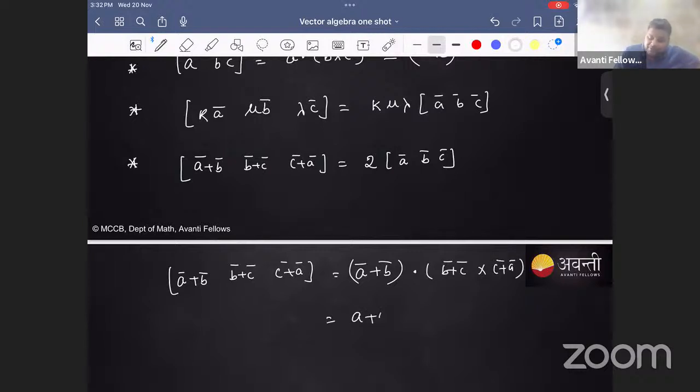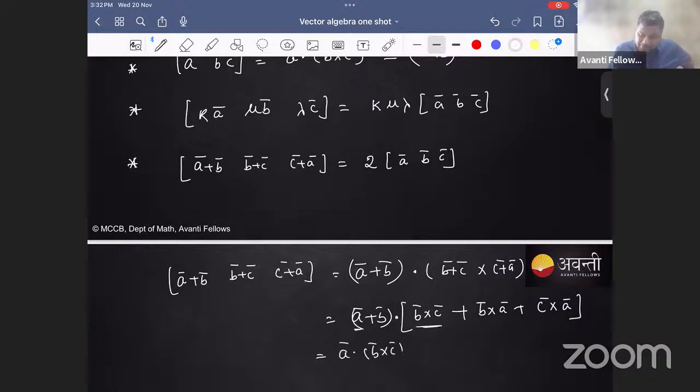So first of all, I'm going to do the cross product. So it is B cross C plus B cross A plus C cross C, which will go 0, and finally C cross A. Now there is a dot product in between. First, A multiplies it, so it becomes A dot B cross C. Then A dot B cross A is 0, because if two vectors are identical, the value goes 0.